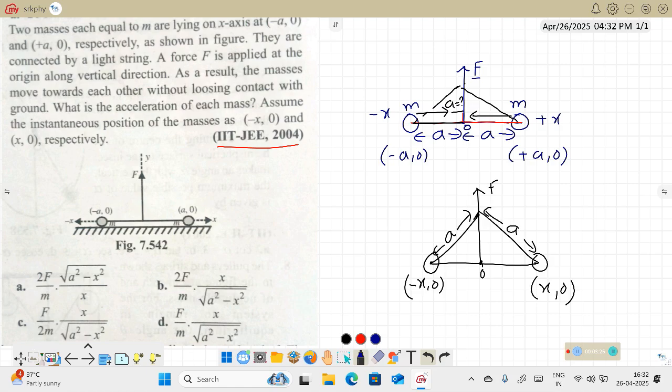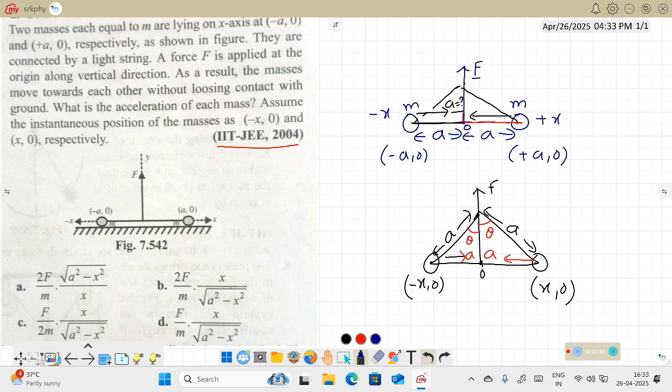Now here I am discussing force, because they are asking to calculate the acceleration. Whenever you pull the string like this, these masses accelerate towards each other. They are asking to find this value of a. In the second diagram, at this instant of position, they are asking us to calculate. You can see this string makes a certain angle theta with both sides.